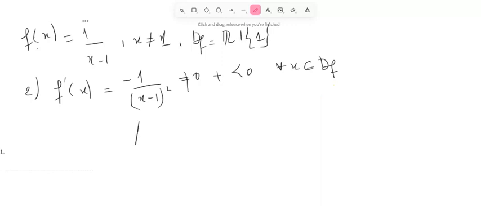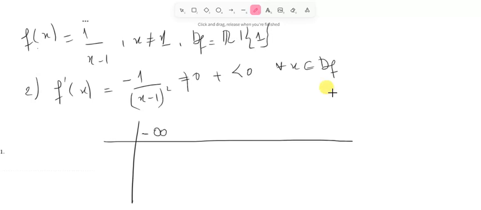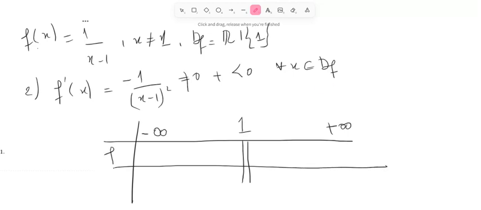Then we will draw the variation table of this function. So we have here minus infinity, and then we have a problem with 1, and then plus infinity. We set the sign of f prime and the variation of f.